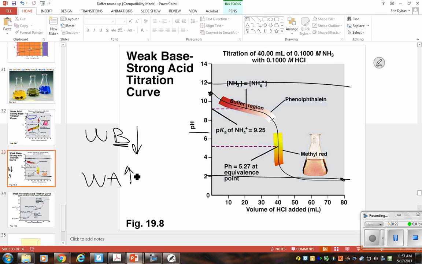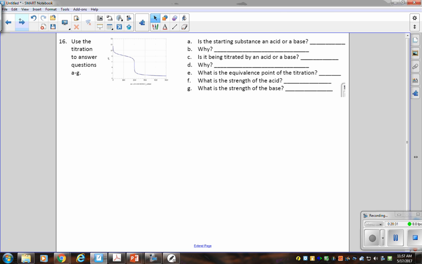Hold on. Now, check out this. Look at this. Starting substance, that's about 11 something. Is it an acid or a base? It's a base. Why is it a base? Because the pH is above 7. Is it being titrated by an acid or base? Well, where does it finish? Finishes below 2. So we know it's an acid. Why?